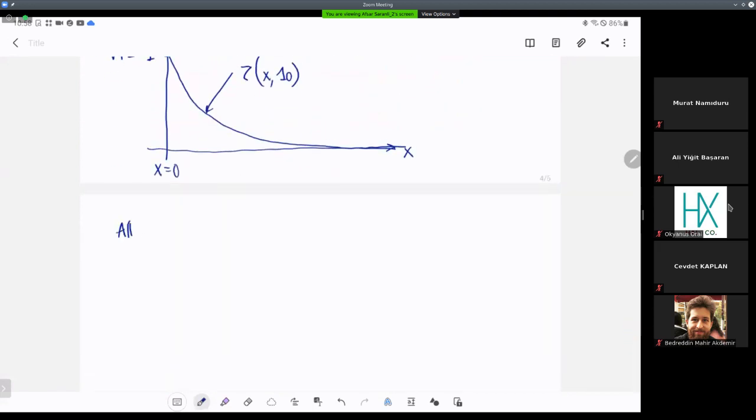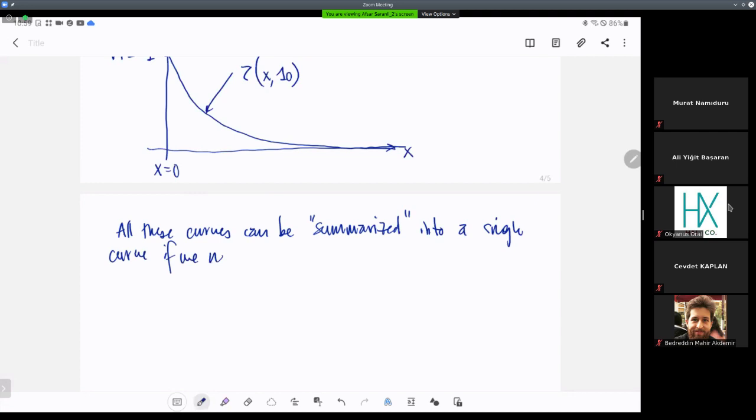So all these curves can be summarized into a single curve if we normalize the time variable.